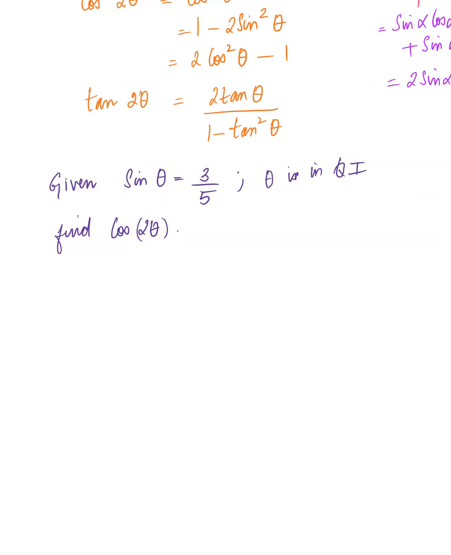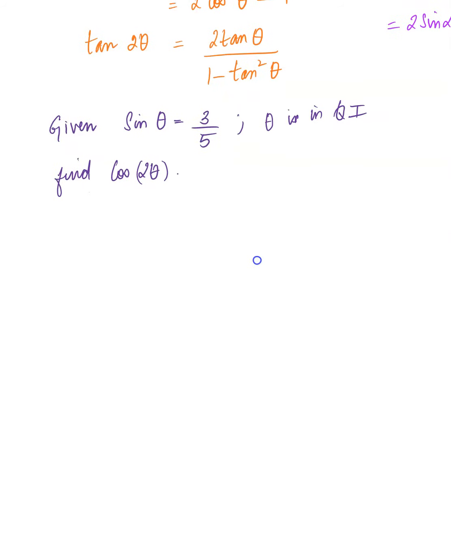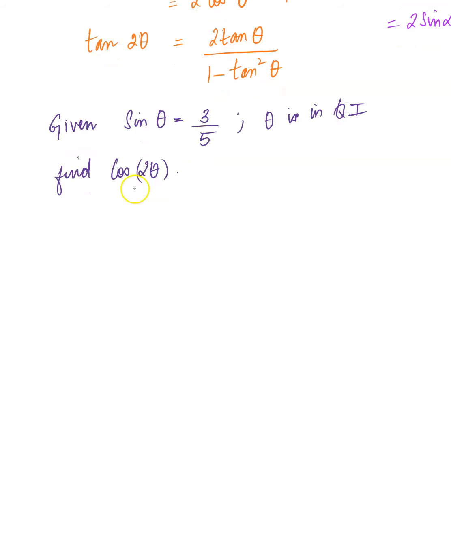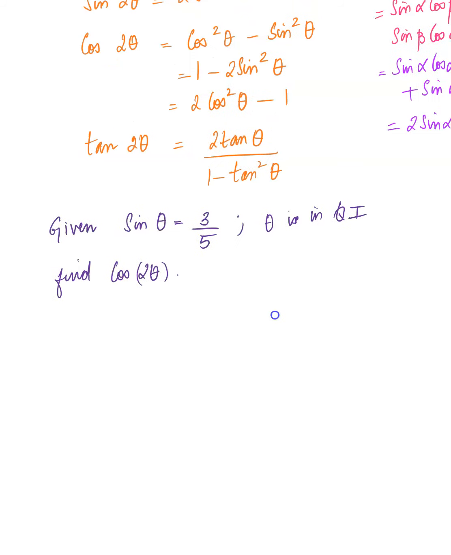There are many ways we can approach this. For instance, you could use the Pythagorean identity, sine squared theta plus cosine squared theta equals 1. You could use that. You could use the triangle to get the same information. But remember, cosine 2 theta has 3 variations. Which one do we want to use?